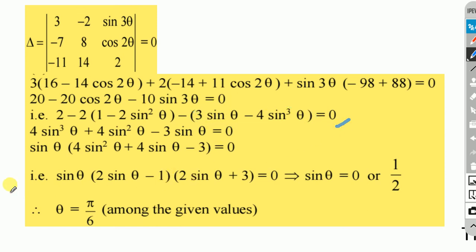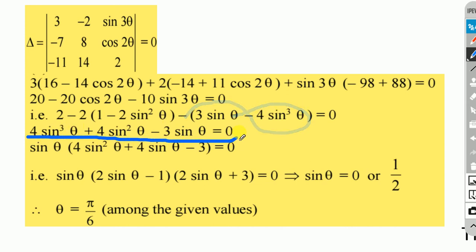So now we'll simplify this. 2 minus 2 is 0, minus 2 into minus 2 is plus 4 sin square theta, minus 3 sin theta, and minus into minus plus 4 sin cube theta.